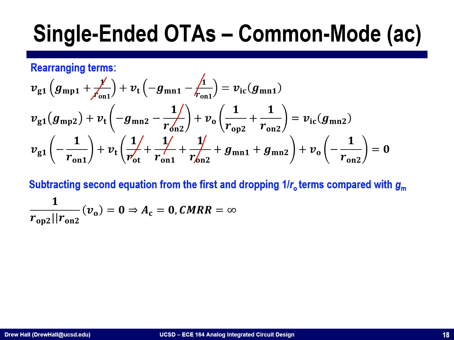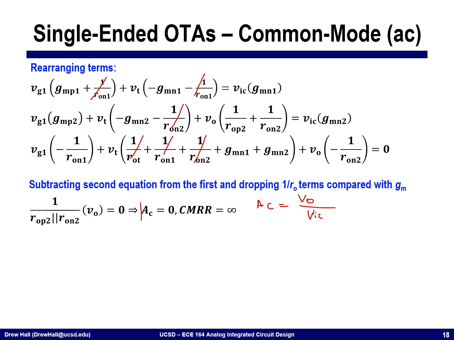And I'm going to be able to then write out the common mode gain. And so the common mode gain, AC, is equal to how much the output changes when I have input common mode signal. So VO divided by VIC in our expression.